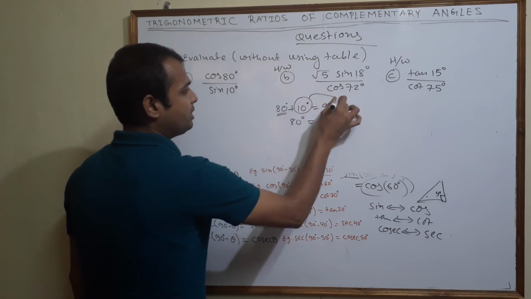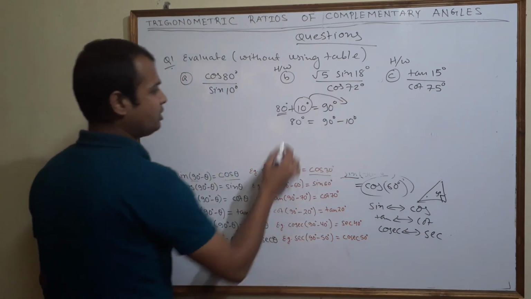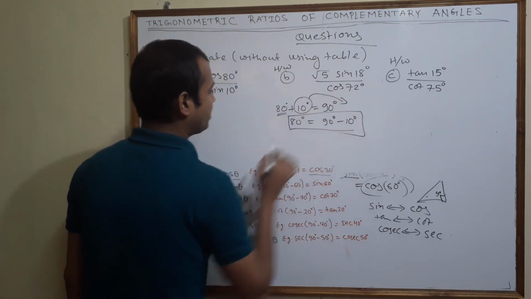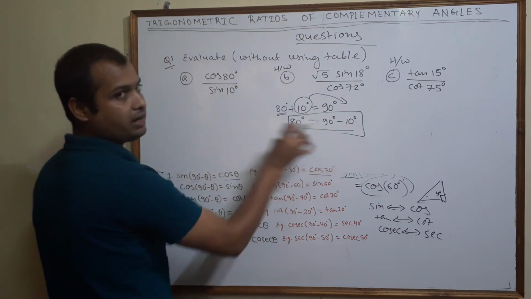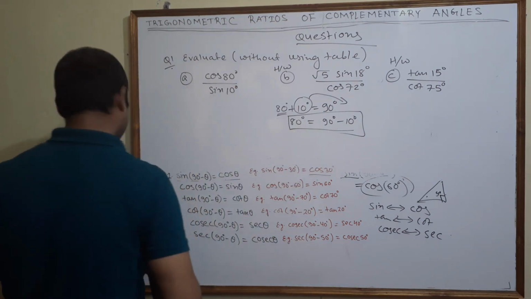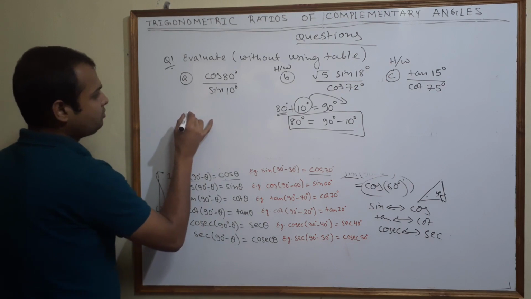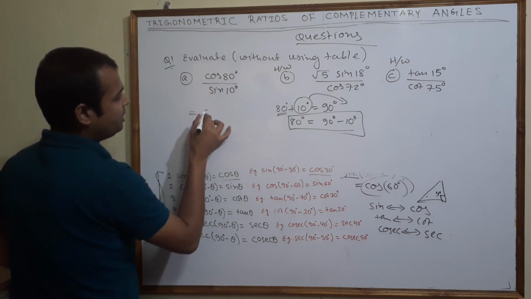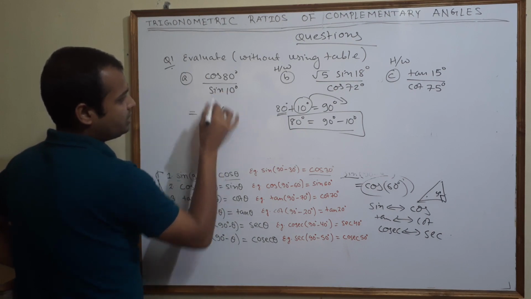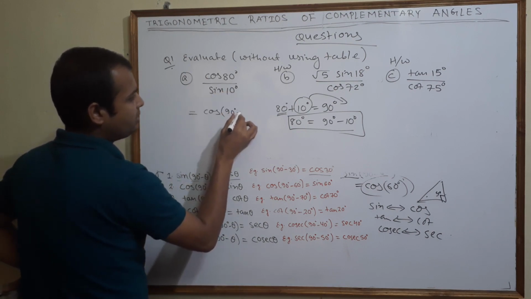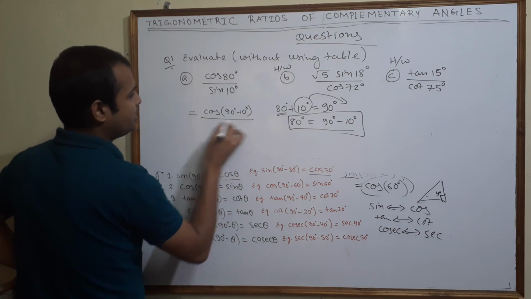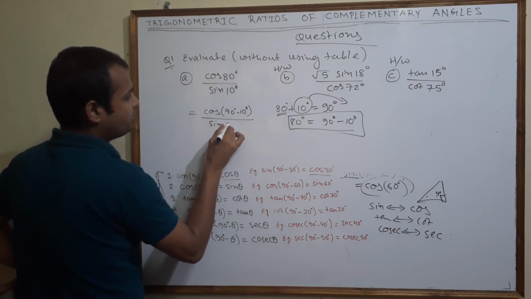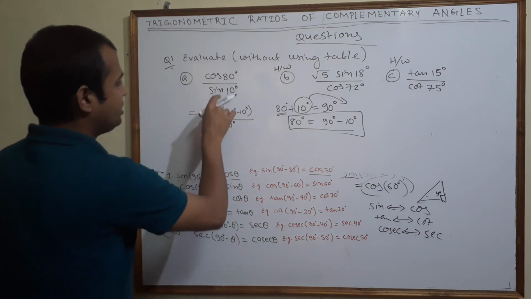This 10 can be taken to the right. So in place of 80 degrees, I can write 90 minus 10 degrees. In place of cos 80, we can write cos of 90 degrees minus 10 degrees. Down below you don't have to change; either you change this or that.